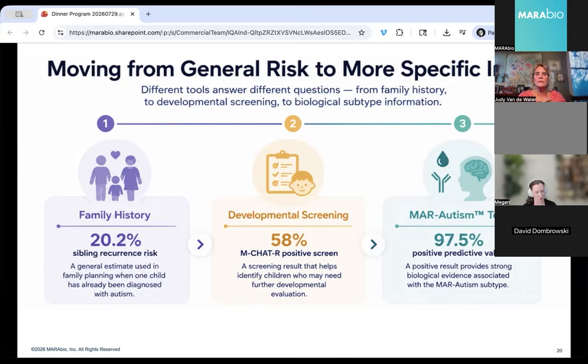So 97.5% that they would have a future child affected with autism, or if they have a child that's showing concerning signs right now, or even pre-symptomatic, early symptomatic, they have a very high likelihood that they would go on to have autism because these maternal autoantibodies were present during gestation.